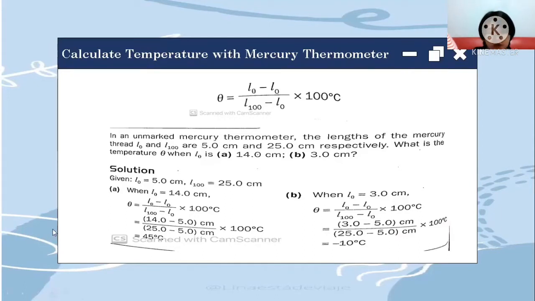You can do it directly in your calculator, and we will get 45 degrees Celsius. Now, at B, we apply the same formula, just change the number from 14.0 to 3.0, and we would get negative 10 degrees Celsius. That's how you calculate temperature with a mercury thermometer.